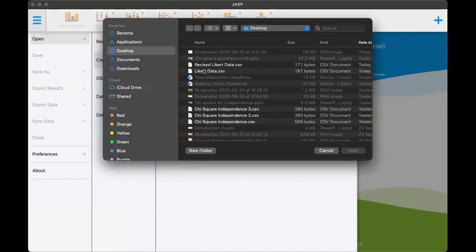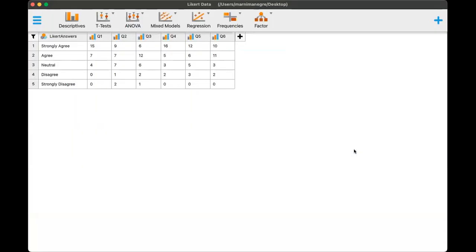I'm going to show you two different sets. So first we'll look at the Likert data, just general Likert data. I want to show you what happens if you do not put letters or numbers in front of the strongly agree to disagree. So here we have, this is nominal, this is in scale, and these are different questions or sections.